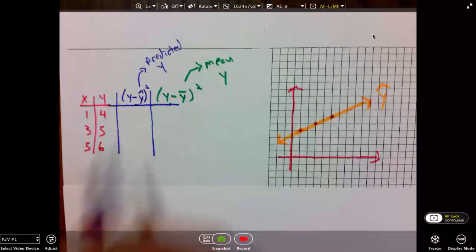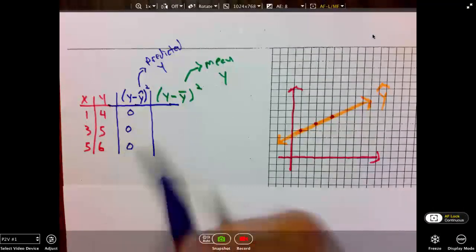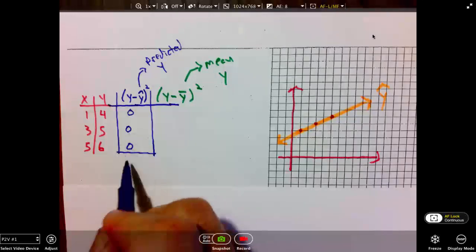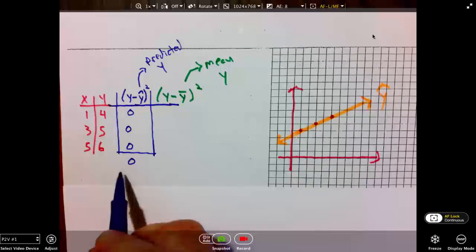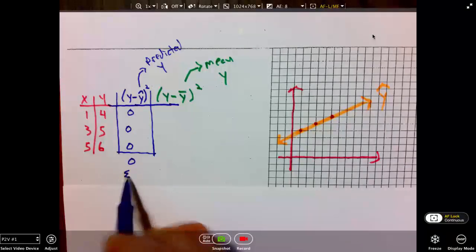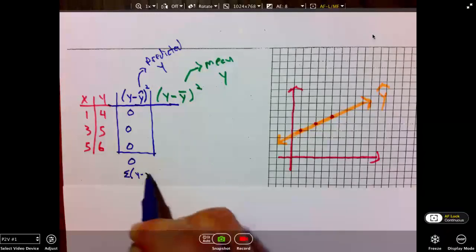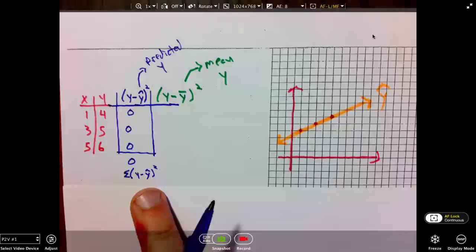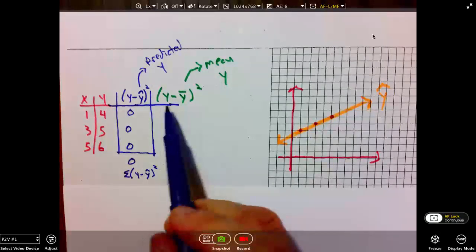The y minus the y hat is 0 for each one of these. Alright? So, summing these numbers obviously is 0. This number here is the sum of y minus y hat quantity squared. We didn't miss at all. The sum was 0.